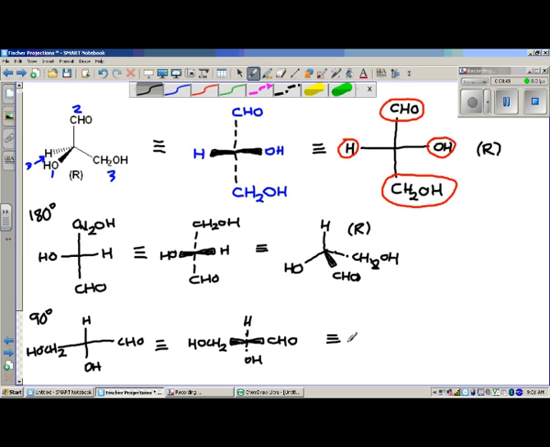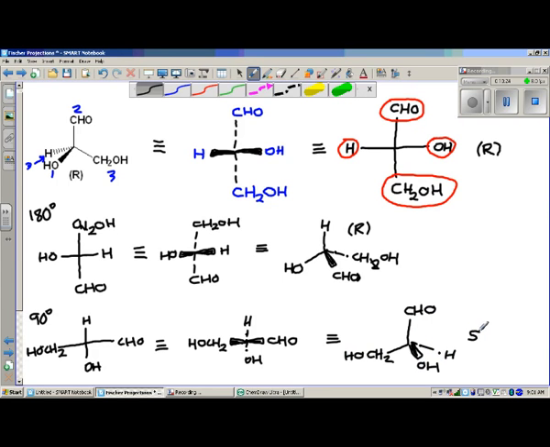If I do the same thing again and put these groups in the plane, with my CHO pointing up like that, my CH2OH pointing like this on a dash, my hydrogen here and my OH here, hopefully what you can see is priority 1, priority 2, priority 3.